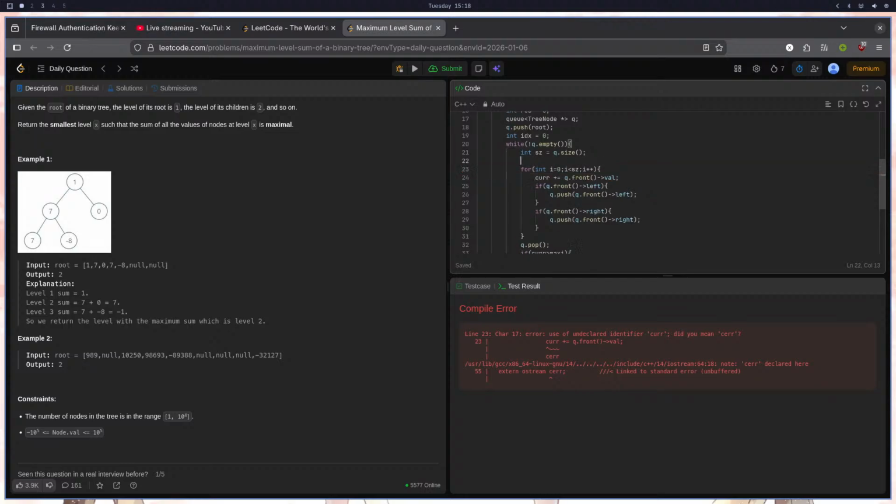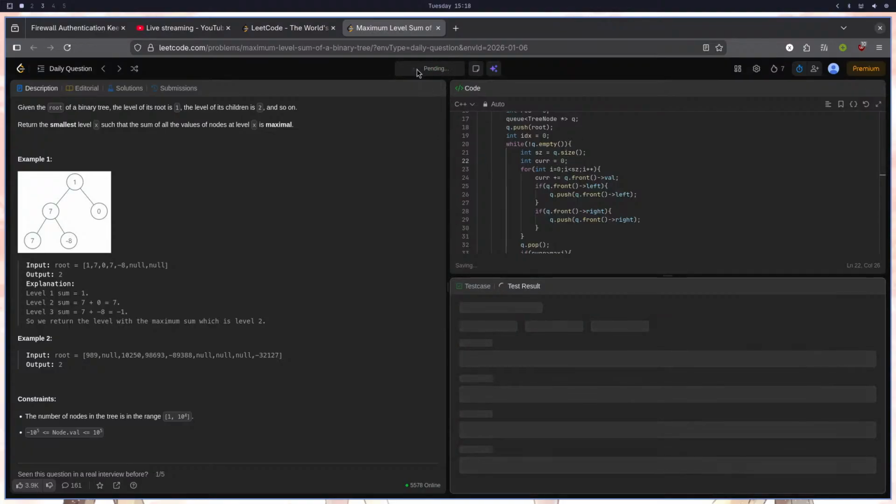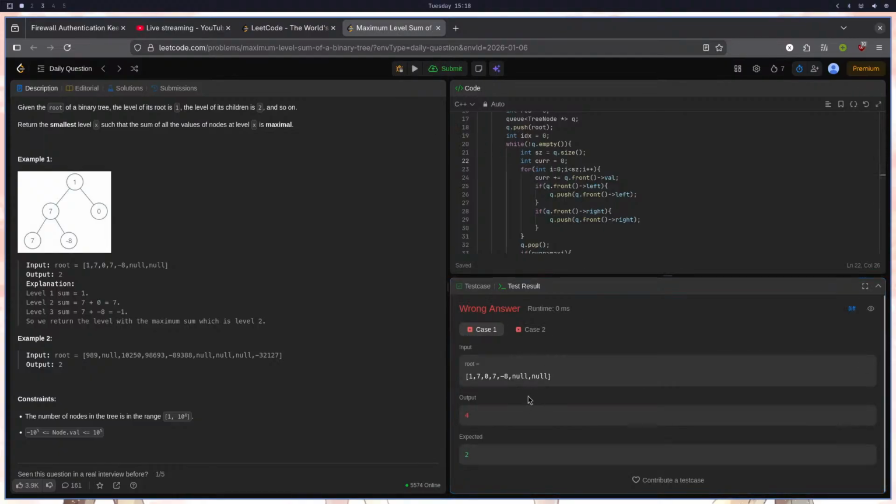Okay. And the cur equal to 0. I don't even know how I just output 4.